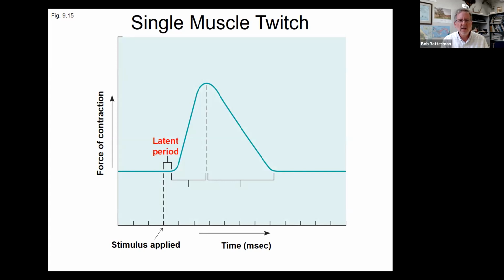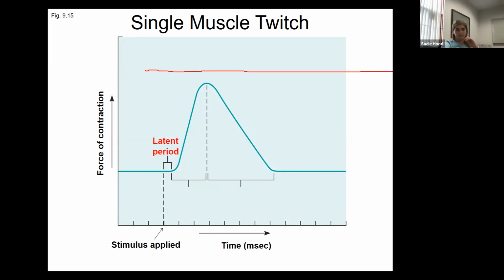Can you see me drawing on the single muscle twitch slide? Yes? Okay. All right, so let's pretend that this line that I've drawn here, and these little, oh, they're not going to stay. Oh, shoot.